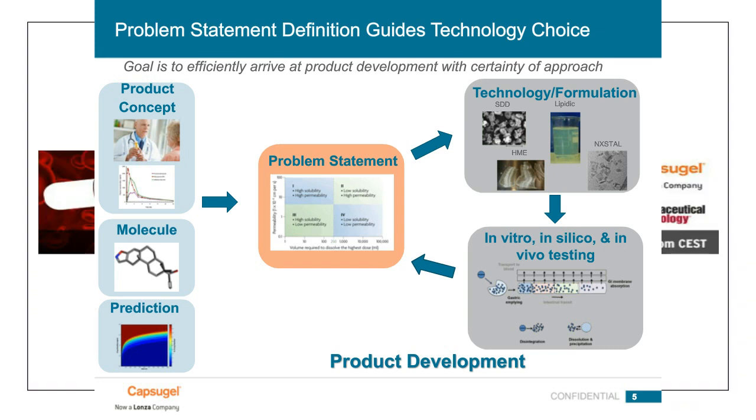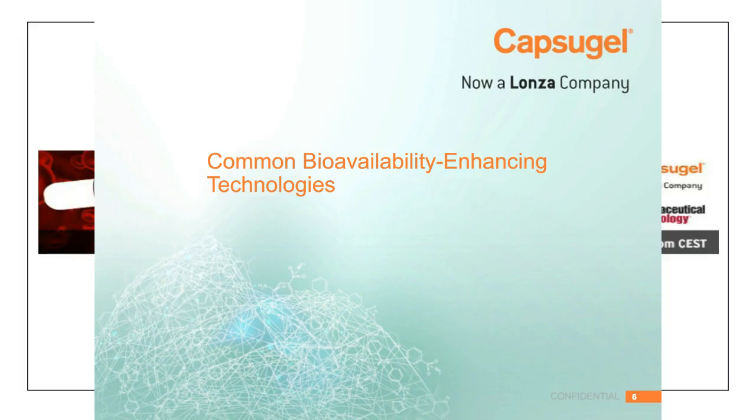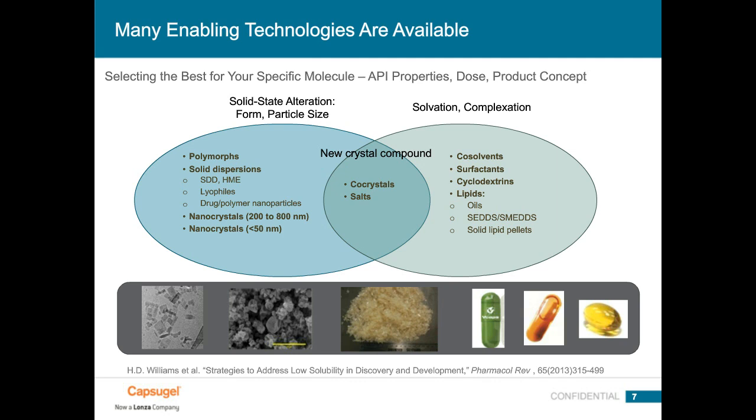So a few of the common bioavailability enhancing technology platforms are listed here. In blue on the left-hand side, I've listed some of the solid state alterations, so changing the form of the compound or the particle size, things like polymorphs, solid dispersions, making the compound amorphous, as well as size reduction into microcrystals or nanocrystals.